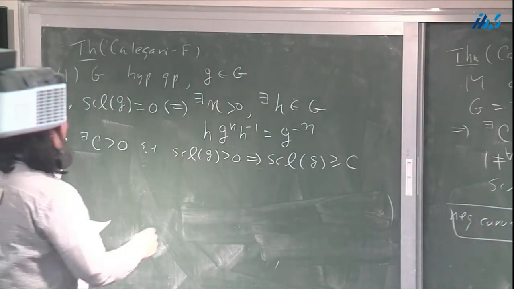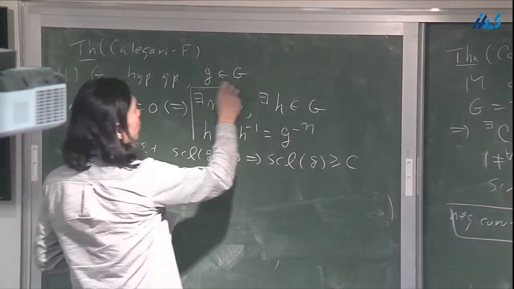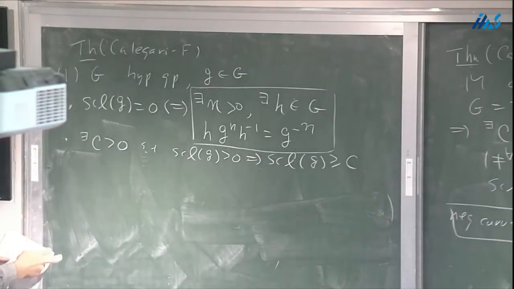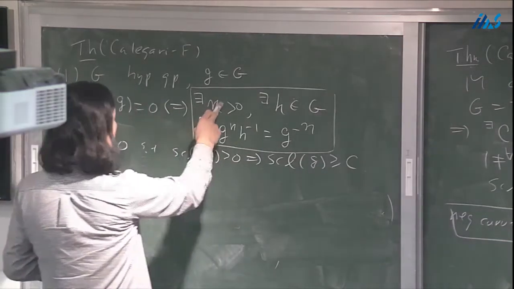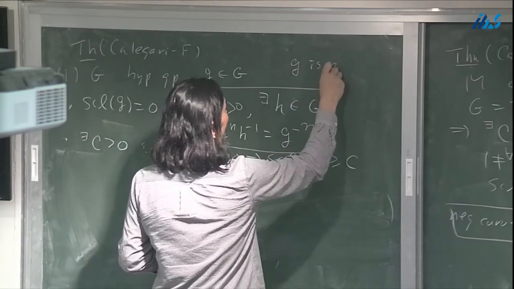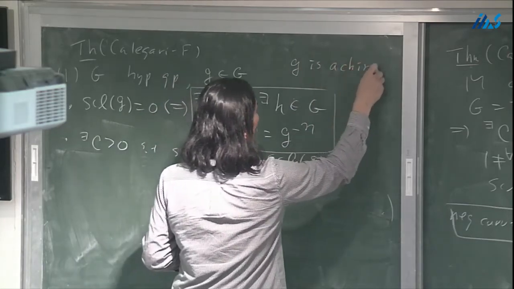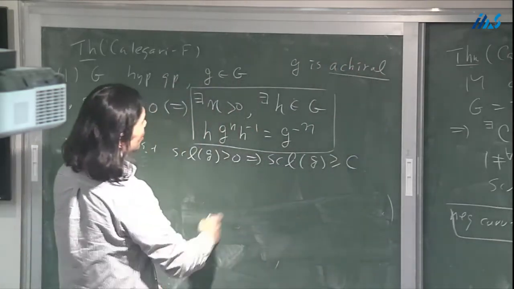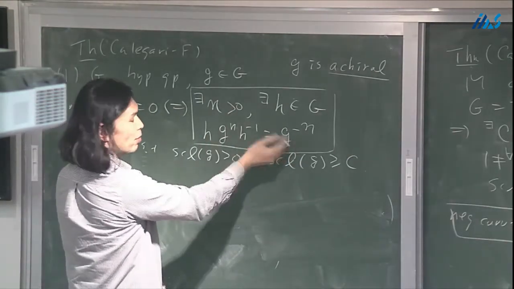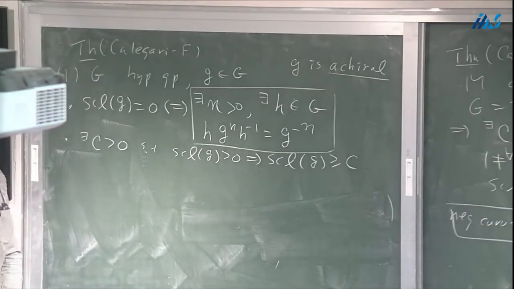Not in that paper, but in the paper with Bestvina and Bromberg, we say if this condition happens, then we say g is achiral. Because the inverse is like a mirror image, and if the mirror image is the same as g, then you call it achiral.